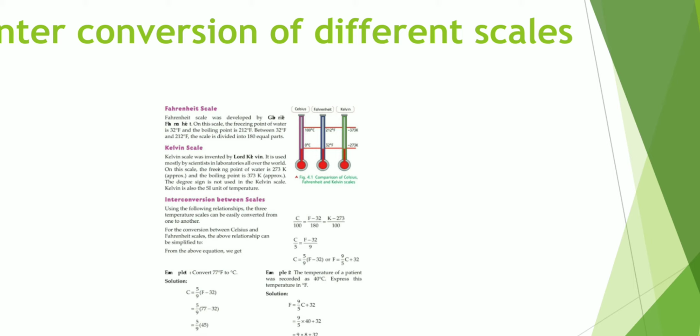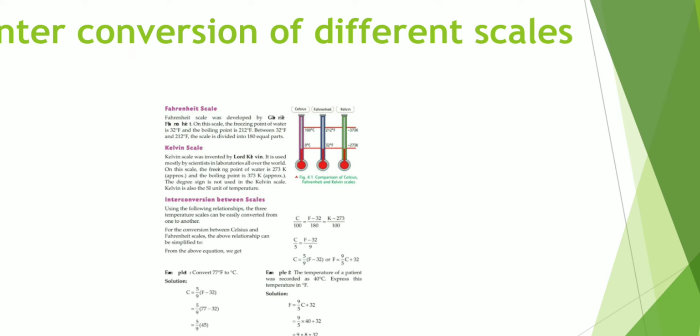Now children, let us study how we can convert different forms of heat into another, or the scales. How can we convert one form of scale into another, or in other words, interconversion between different scales? Using the following relationship, the three temperature scales can be easily converted from one form to another.